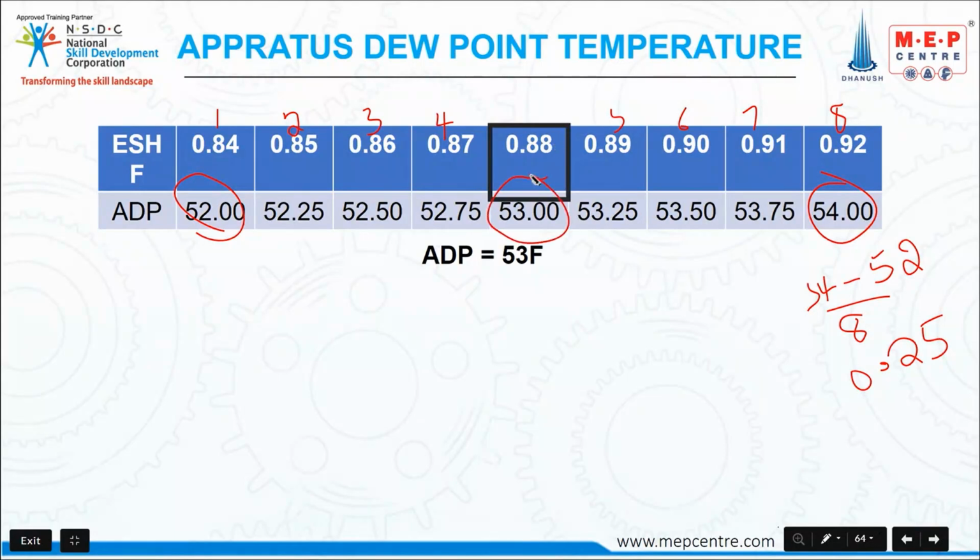So now ADP, apparatus dew point temperature, is 53 degree Fahrenheit. This is the 53 which we need, which is called the chilled water supply temperature. Whatever chilled water we are going to supply to the AHU, this 53 degree Fahrenheit is what we need to supply.